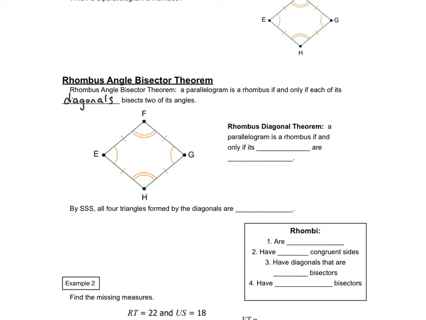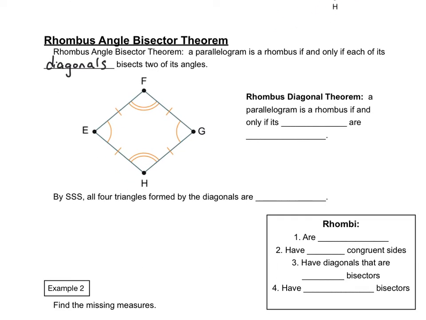So if we draw our diagonals in here, we would have segment EG and segment FH, and they would in turn bisect. This angle would be congruent to this angle, and then this angle would be congruent to that angle. So it would bisect our opposite angles.